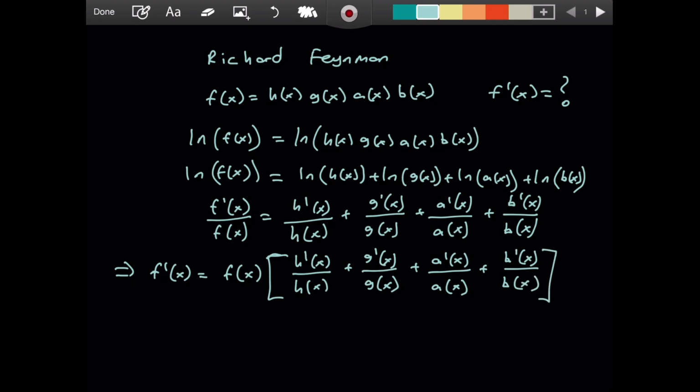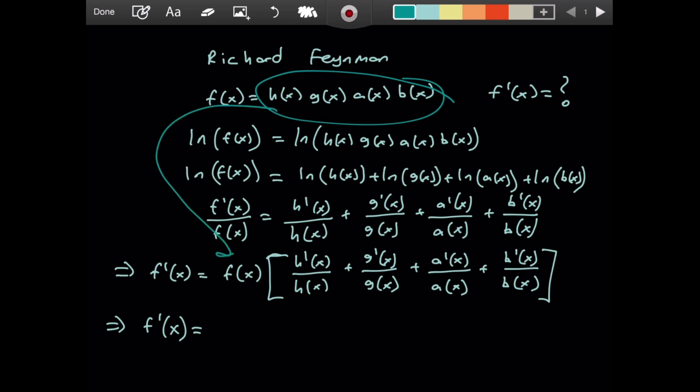Now comes the general product rule actually, and that is, if you think of f of x as this product, which it is, then you see that f prime of x is equal to. So if you just substitute this here, and if you distribute it to the parentheses, you will see that for the first term, h of x will simplify and the others will remain, and there will be also h prime.